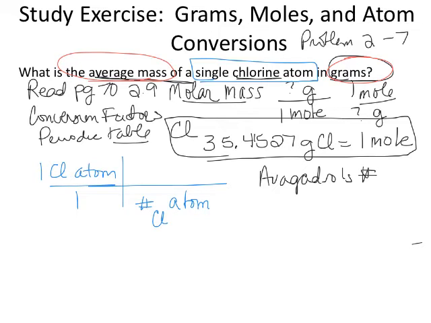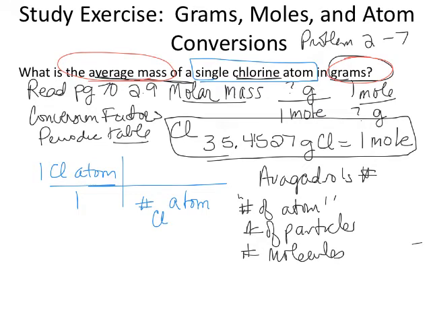Anytime you see number of atoms in the problem, number of particles, number of shoes, number of molecules, you need to think of this conversion factor. You memorize it. You'll memorize it from using it, but it'll also be supplied to you on your periodic table in case you don't remember it or you want to check it during your test.